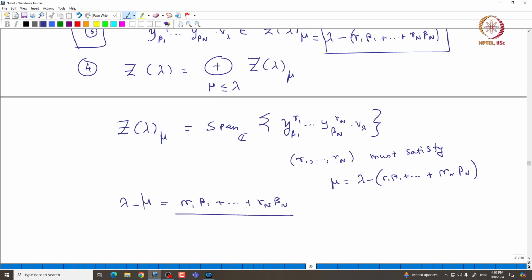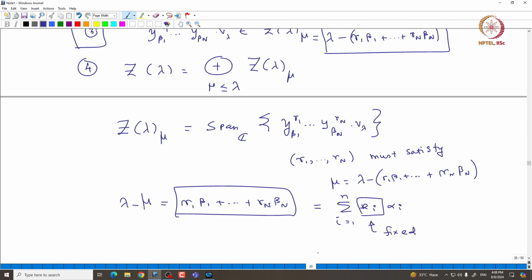If you rewrite this in terms of the α_i basis, then you can easily see that the R_i's become combinations of coefficients coming from the α_i basis, and there will be only finitely many choices. So let us write λ minus μ as the summation of k_i α_i, i ranging from 1 to n. Now these k_i's are fixed.